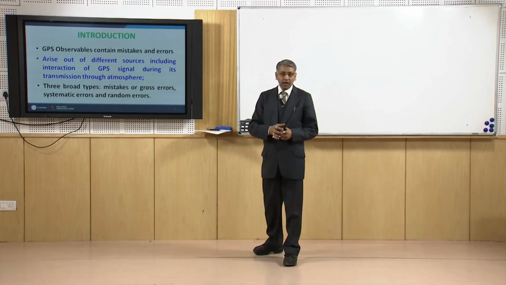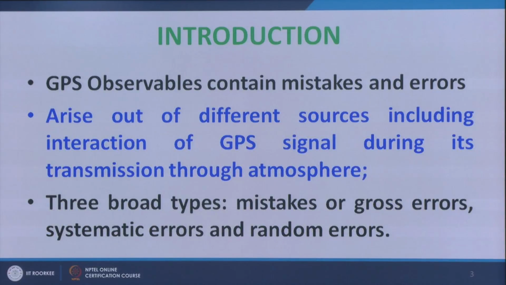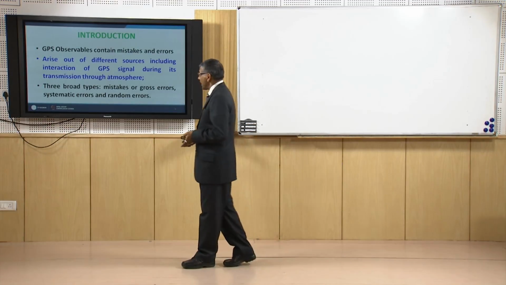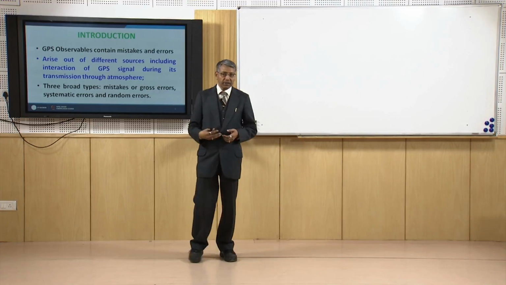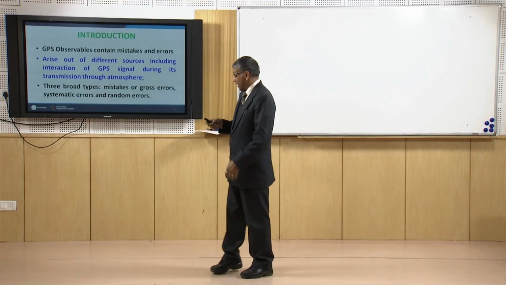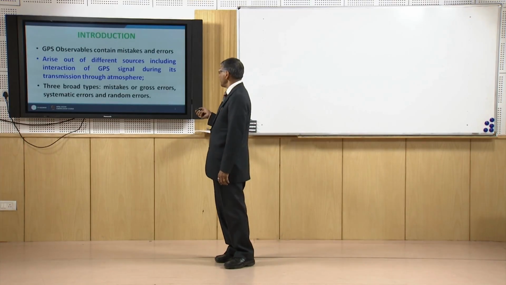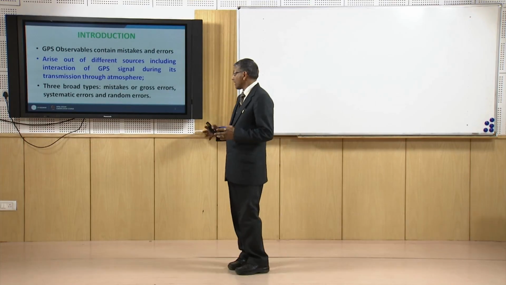GPS observables are fraught with mistakes as well as errors. Mistakes means the error which is done inadvertently without knowing it, and errors are coming automatically. So the mistakes actually we can avoid by making conscious effort.